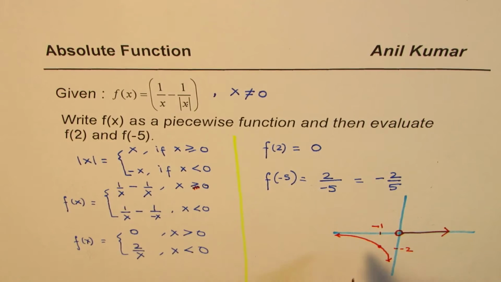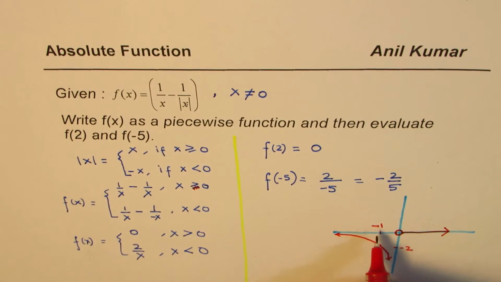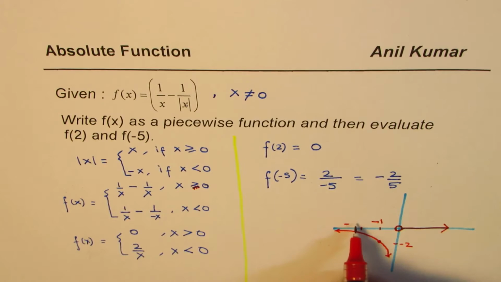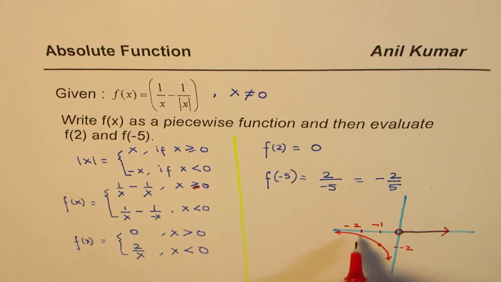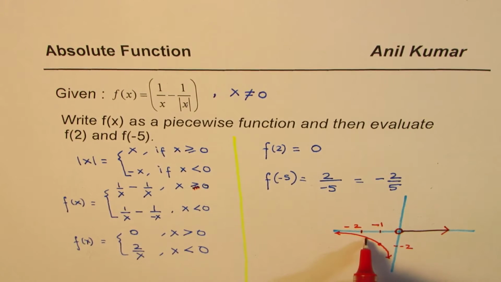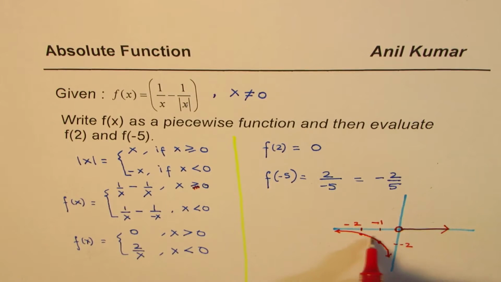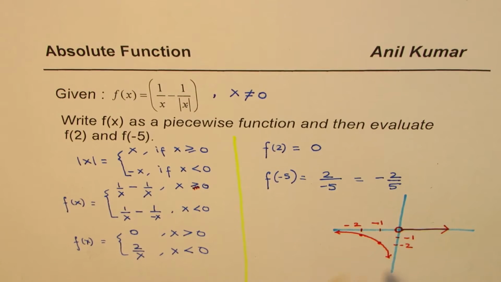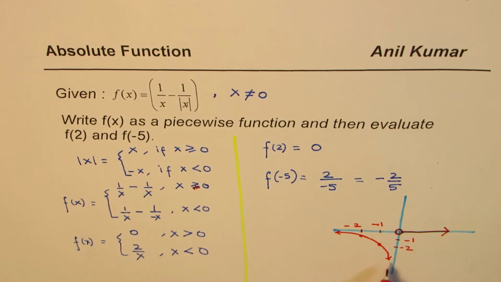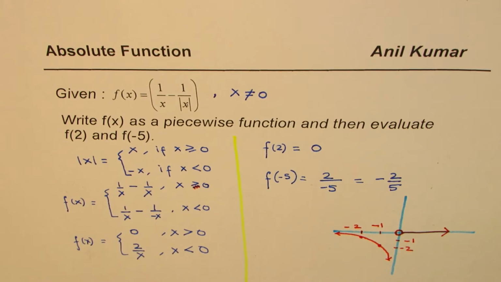And if x is, let us say, minus 2, in that case, the value will be minus 1. So this value will be, let's say, minus 1, correct? So that is how you can plot some values and sketch it. So what you'll notice here is that this function is in quadrant 3, right?